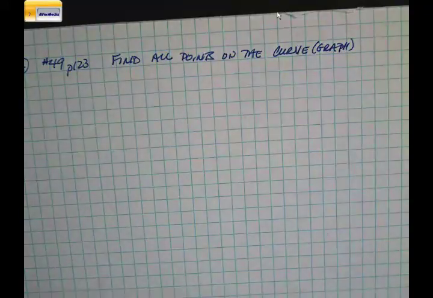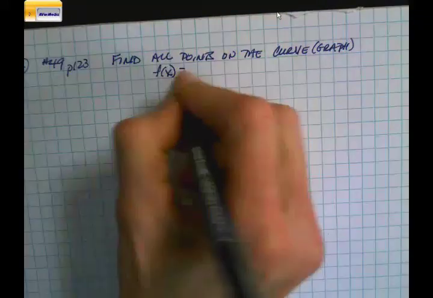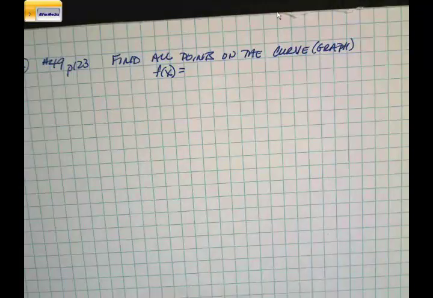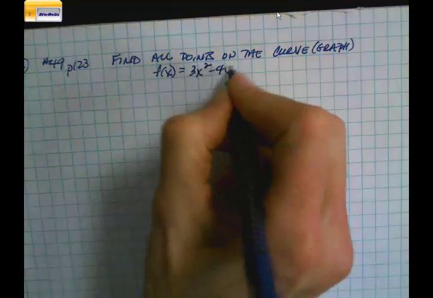Find all points on the graph, f of x equaling 3x squared minus 4x. That's your original curve.